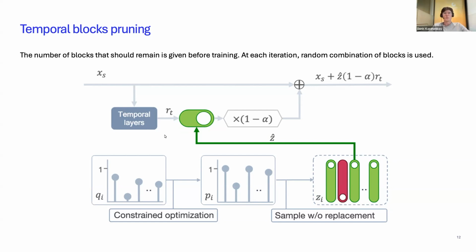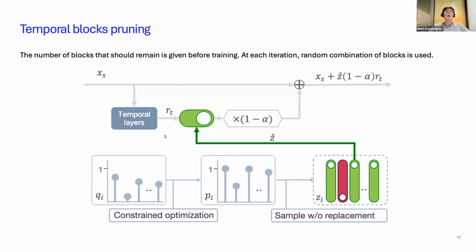So to find such inclusion probabilities pi which have this property, we apply the differentiable constraint optimization. So this is a problem which can be solved in a closed form, fortunately.